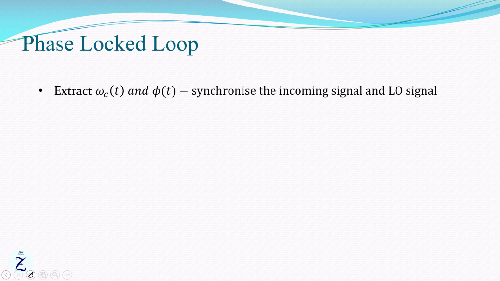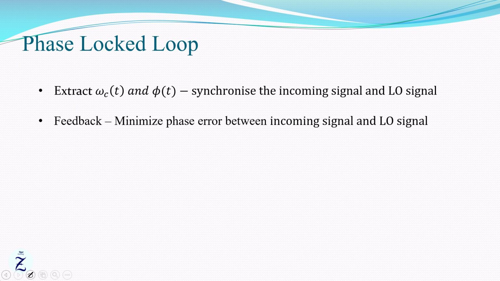So here we will have a feedback. With that feedback, we will try to minimize the phase error between the incoming and locally generated signal. That's the overall principle, and the principle is very simple.